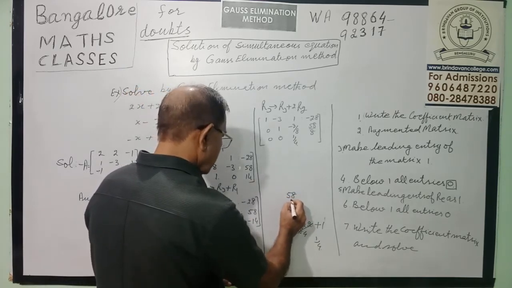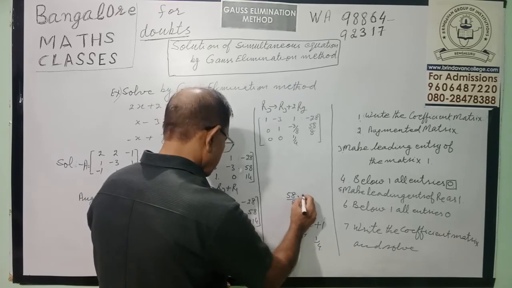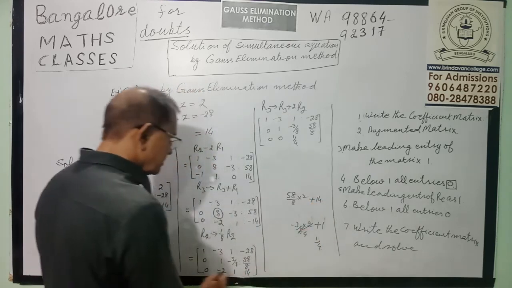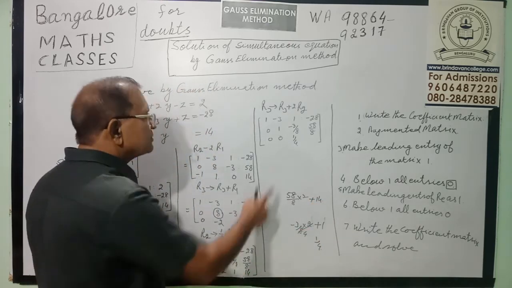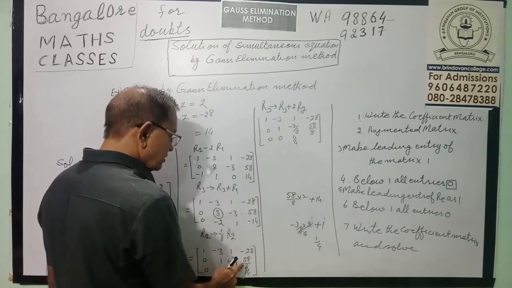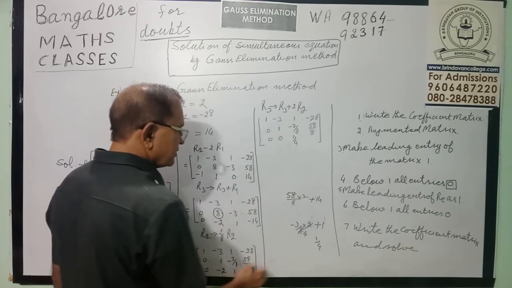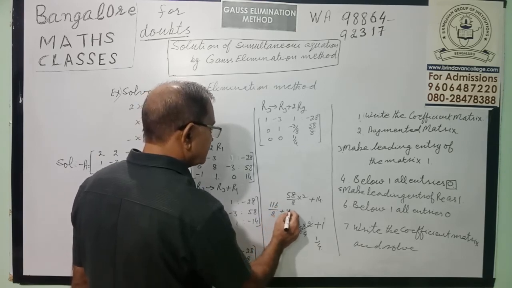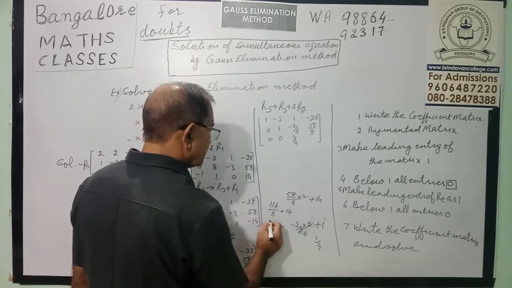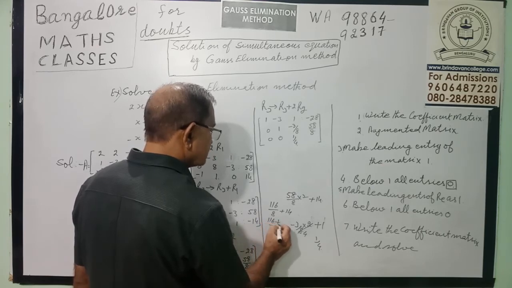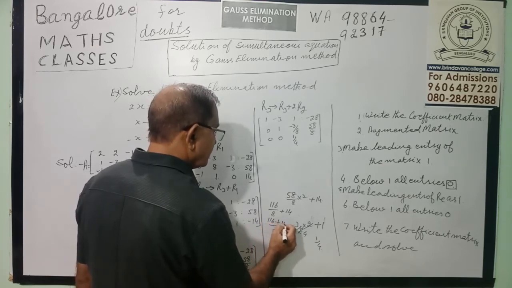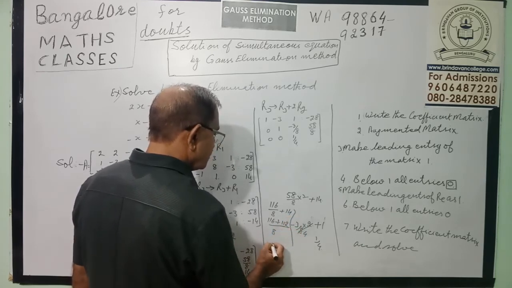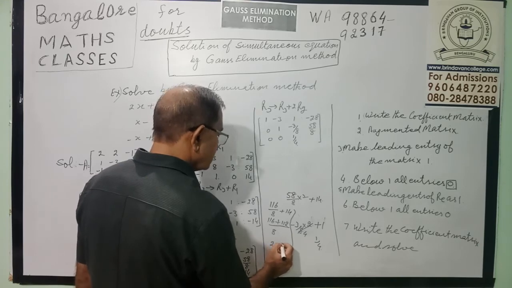58 by 8 into double and add it to 40. See here, double of R2, double of this and add. So here we'll get 116 by 8 plus 40. 8 will get LCM 116 plus 112. So it will come out to be 238 by 8.